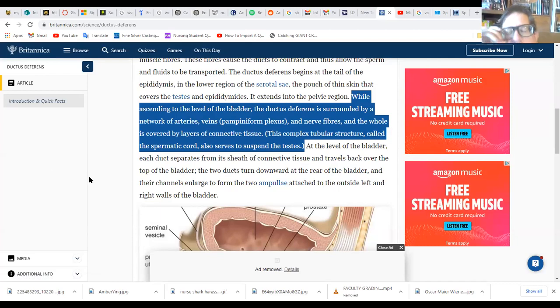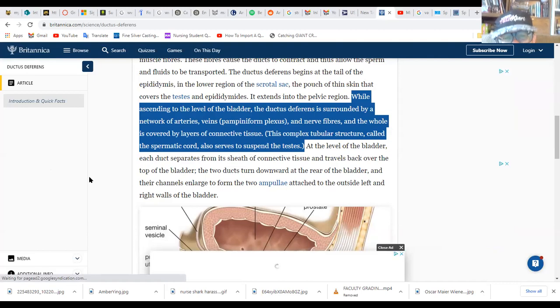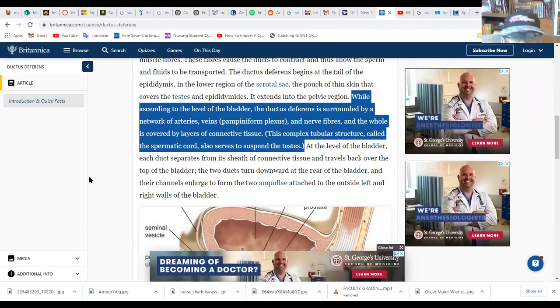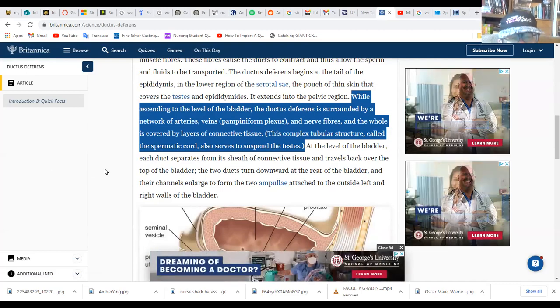Okay, so I was looking at the illustration in your PowerPoint and not particularly liking it because of where it puts the vas deferens. I was pretty sure that the vas deferens should be inside the pampiniform plexus, and it turns out that is indeed the case.